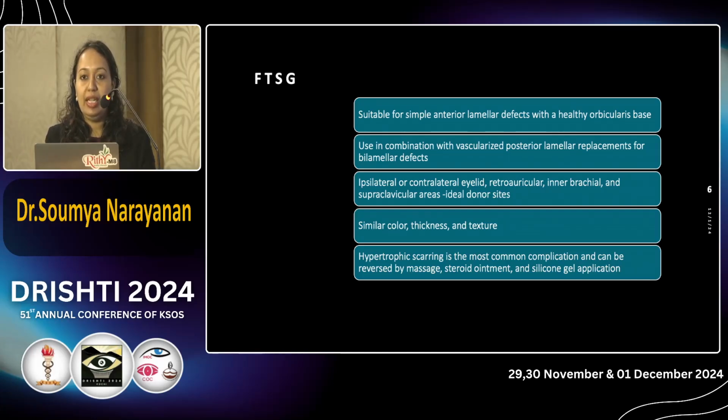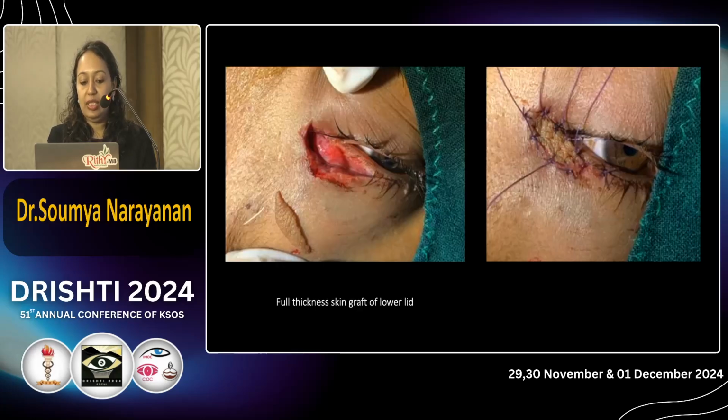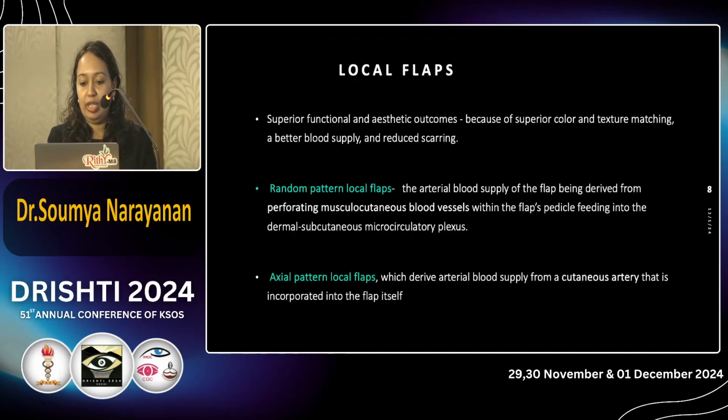We can take skin from the ipsilateral or contralateral eyelid, and retroauricular, inner brachial and supraclavicular areas. These are the ideal donors because of similar color, thickness and texture. Hypertrophic scar is the most common complication and can be reversed by massage, steroid ointment and silicone gel application. So this is a case of full thickness skin graft of the lower lid.